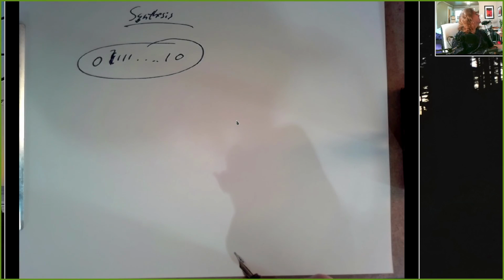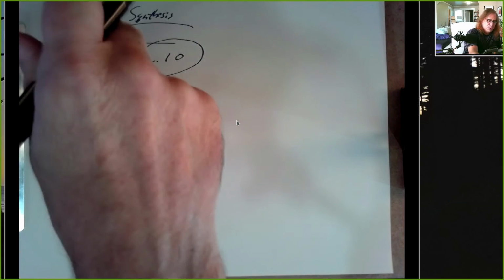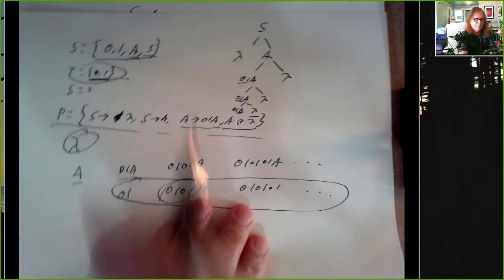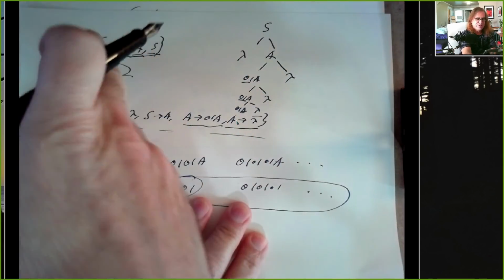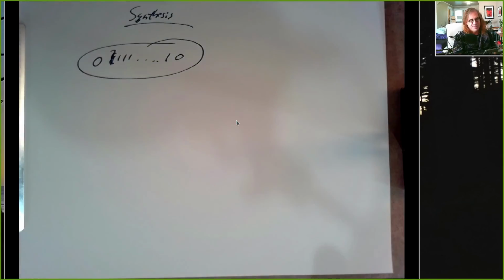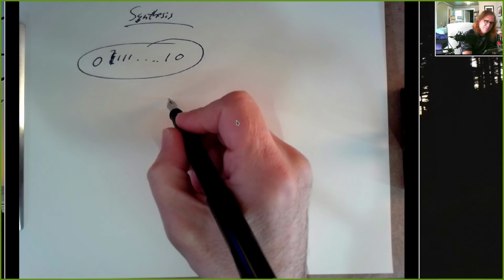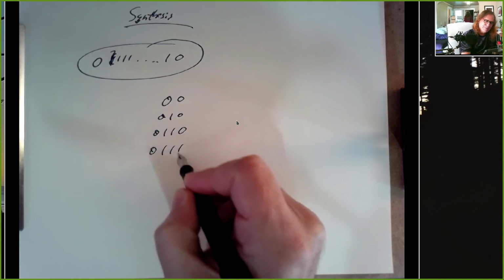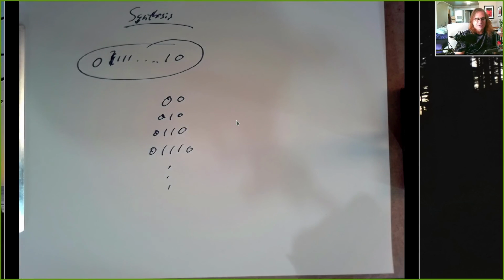I need to scoot to my meeting, but try this. See if you can figure out the language, symbols, terminal symbols, and set of production rules that will recognize, let's say, 0, 0, 0, 1, 0, 0, 1, 1, 0, all of those things.